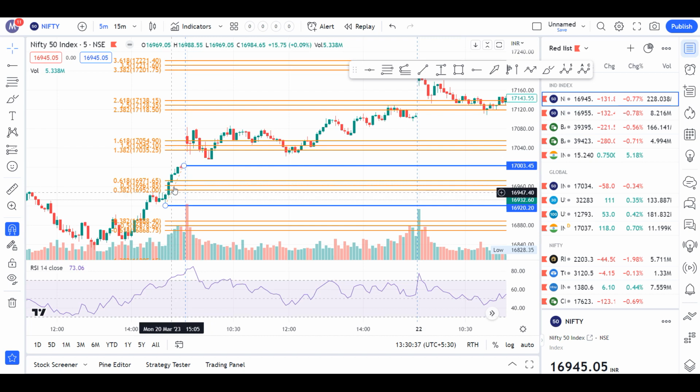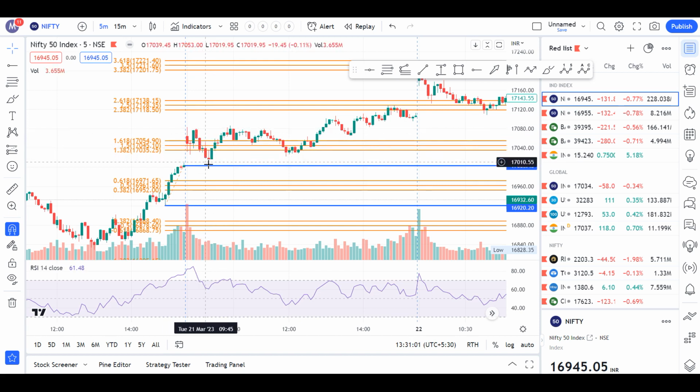So ideally to break my uptrend, or if it has to change the trend for the day, the change of trend will only happen once it breaks this level. So we will consider this an up move only, it continues to be an up move, and hence we will not take any short entries even if this is breaking.